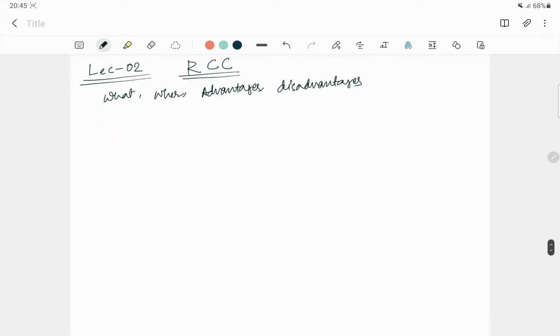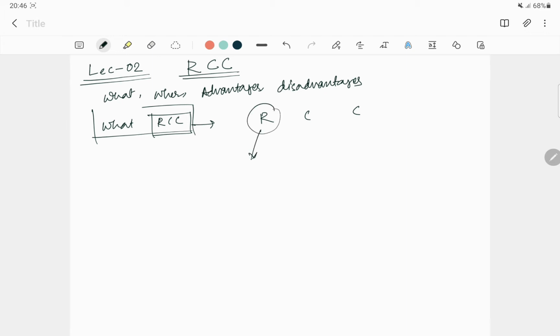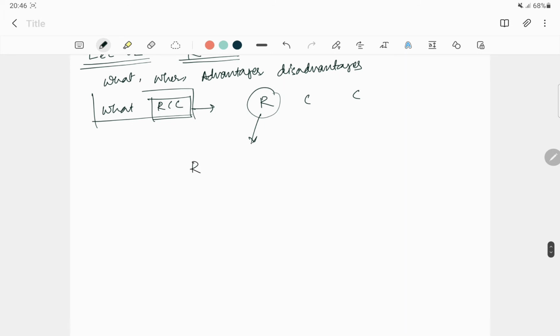First we'll talk about what we mean by RCC. The RCC word is basically an abbreviation. R stands for reinforced, C stands for cement, and the other C stands for concrete.